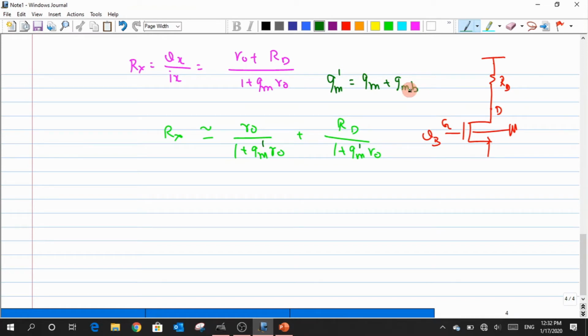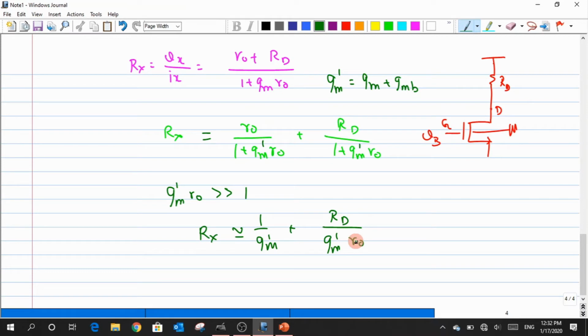If it is so, then I can go for some simplification, because still it is not an approximation, it is just the same result. Now I can assume that my Gm R0 is much larger than 1. When I consider that condition, what happens to the first term in my expression? It becomes something like 1 by Gm prime, and then I'm going to have this quantity.